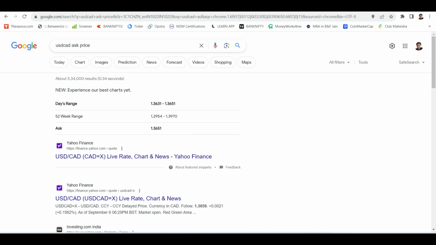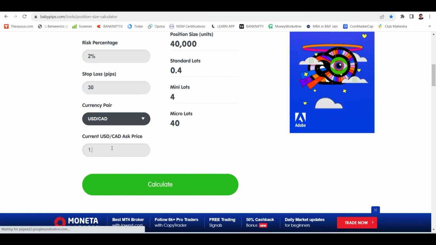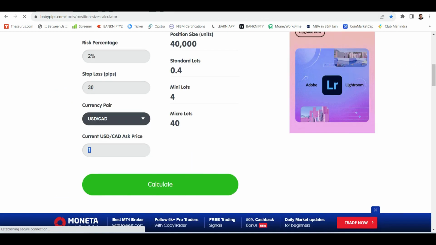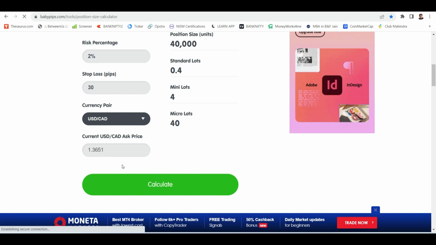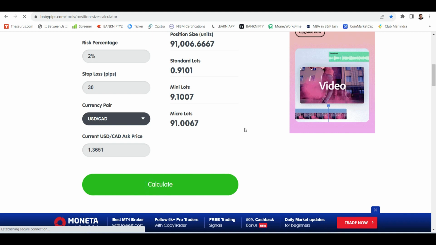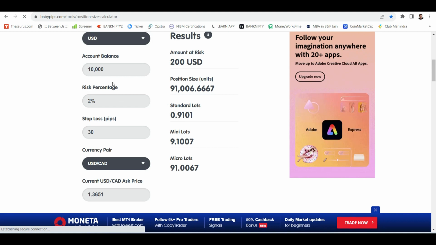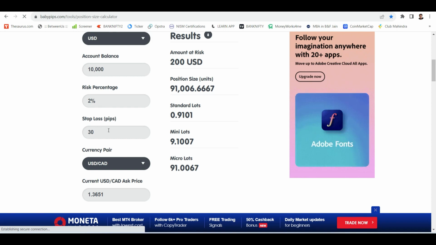So you go back to the position size calculator and you put 1.3651 and you put calculate. So here it is telling you have to enter with 0.91 standard lot. Okay, so in USD/CAD, you want to risk 2% with a 30 pip stop loss. Your entry lot size will be 0.91.